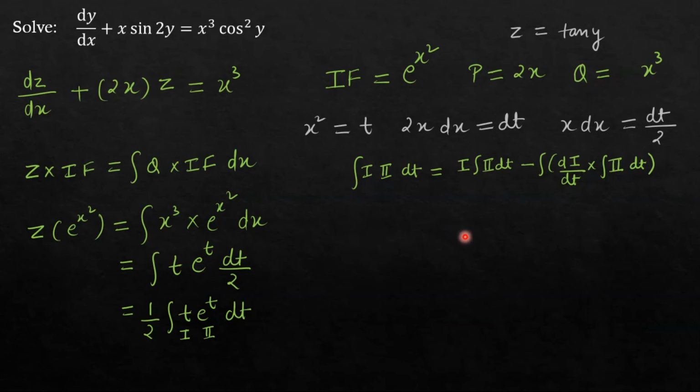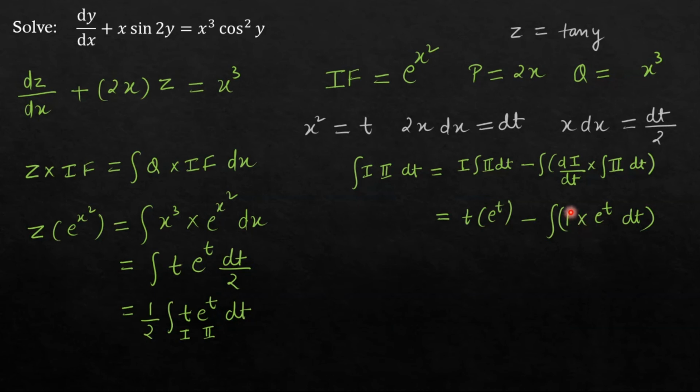Applying it, the first function is t, so t into integration of the second function, which is e raised to the power t, minus integration of the differentiation of the first function, which is 1, into the integration of the second function, e raised to the power t.